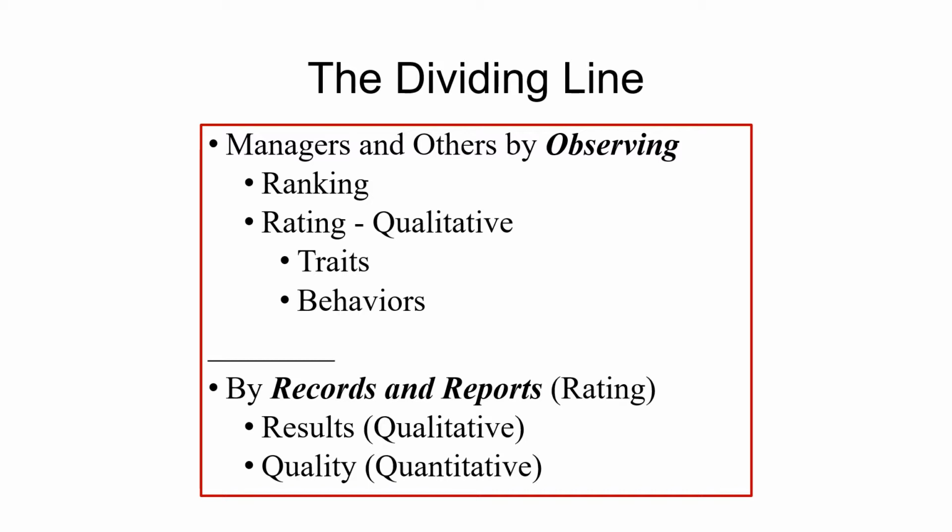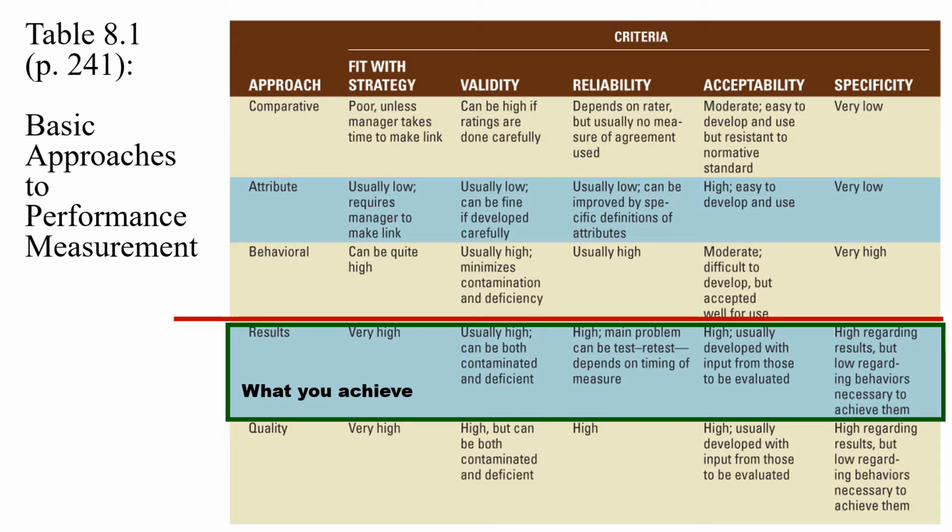We're going to go to the bottom two now for results and quality. We're going to do a lot of records and reports, or it's capable of being measured through records and reports. And we're now looking at outcomes. Results, what you achieve.